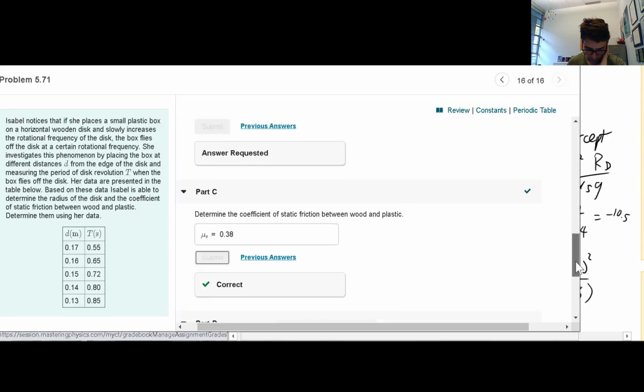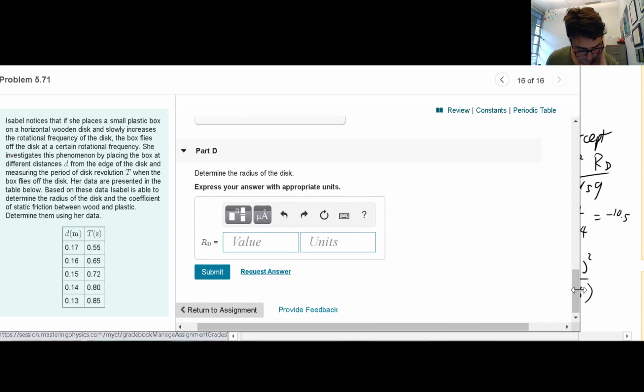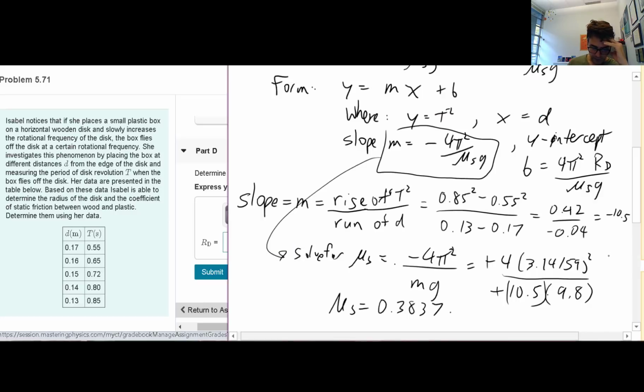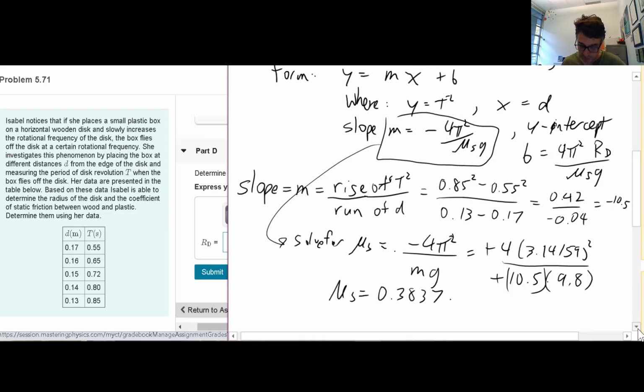So it didn't like my graph for whatever reason, not sure why, but I did like my part C. And then the radius of the disk. So now that we know that, and we know mu sub s, we can look for whatever the y-intercept of this is. So I would say that certainly, if you're still watching this, I'm impressed.